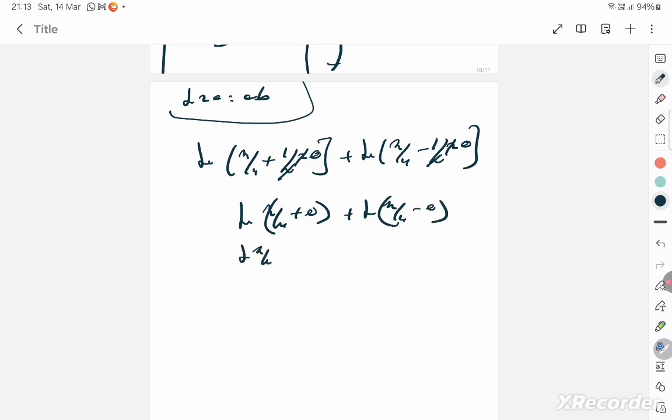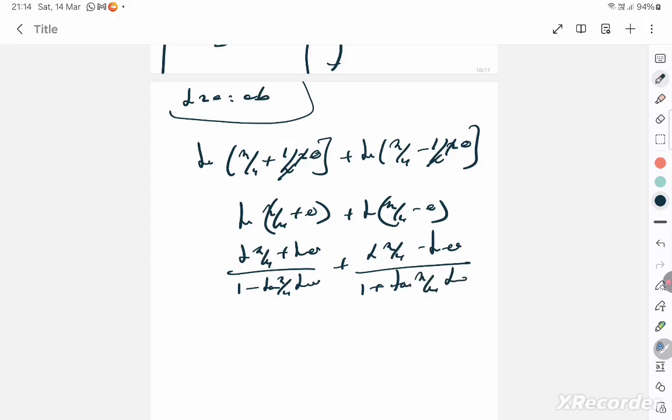Which is tan pi by 4 plus tan theta by 1 minus tan pi by 4 tan theta, plus tan pi by 4 minus tan theta by 1 plus tan pi by 4 tan theta. It's 1 plus tan theta by 1 minus tan theta, plus 1 minus tan theta by 1 plus tan theta.